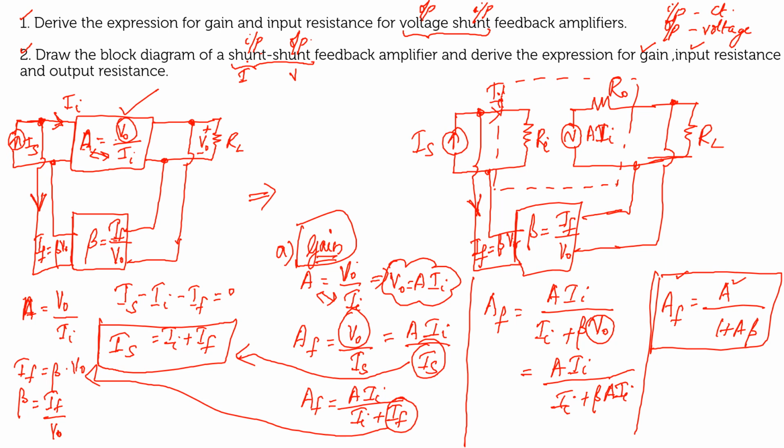So now we'll go for the second parameter, to find out the input resistance. So the B part which you are going to find out is your input resistance. So in order to find out the input resistance, let me draw quickly the equivalent circuit once again. Across the input side, you will be having your current Is, right? And I am going to replace your amplifier by means of its equivalent circuit, input resistance Ri.